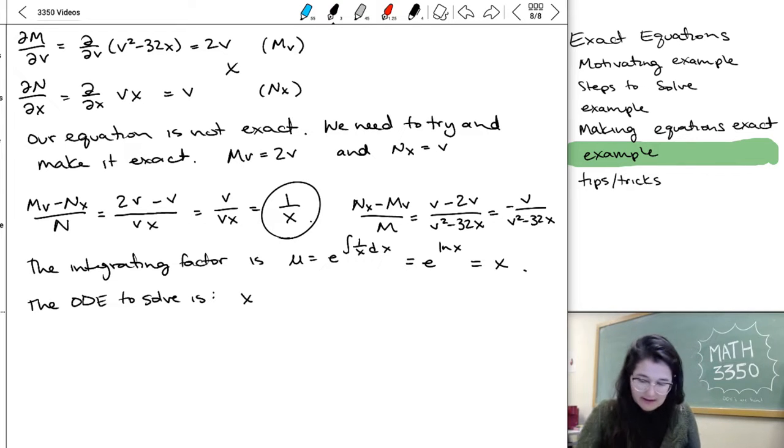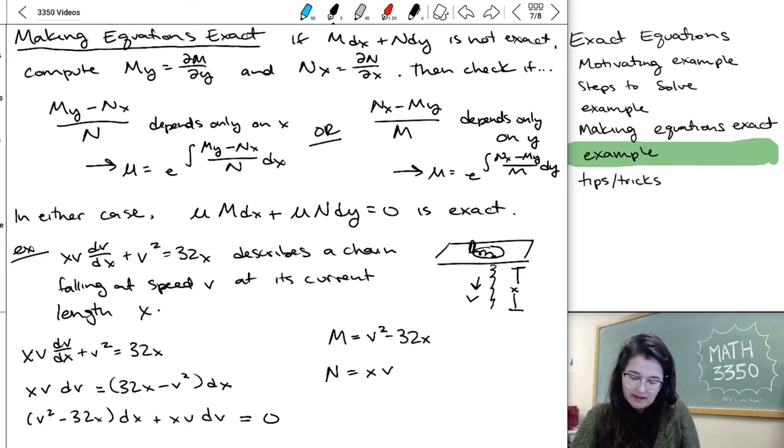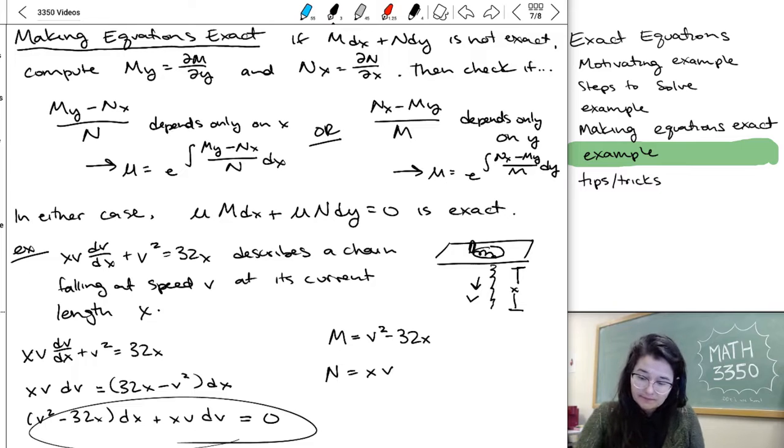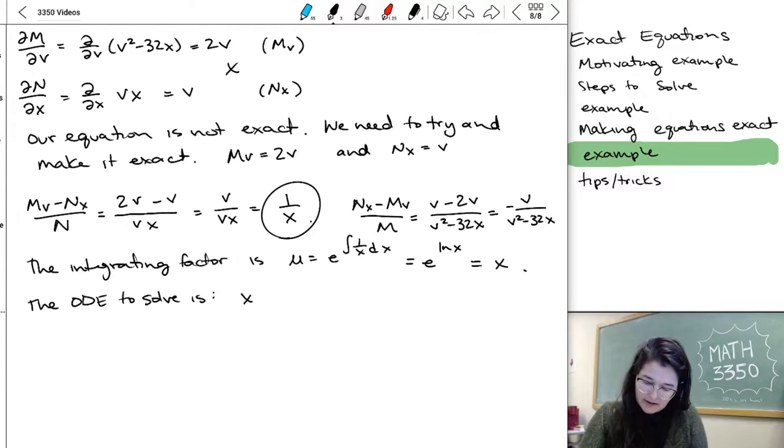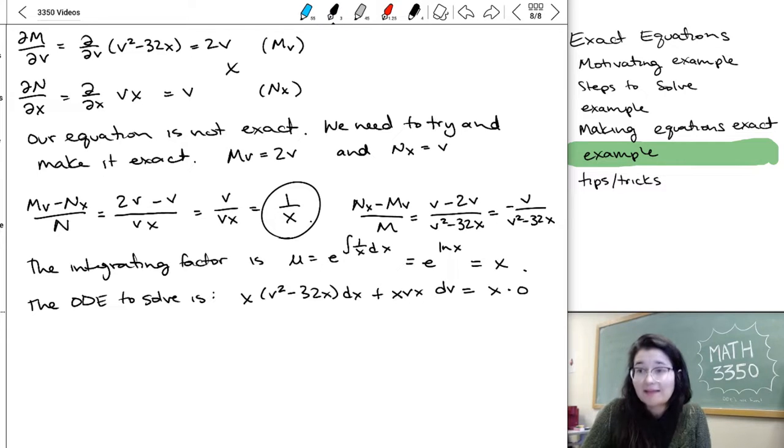So we take x times, where did my ODE go? There we go. x times all of this. So we've got x times v squared minus 32x dx plus x times vx dv is equal to x times 0.